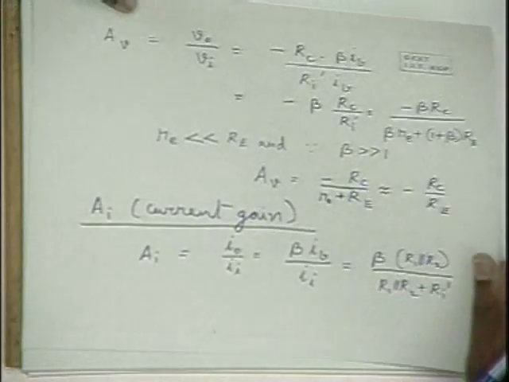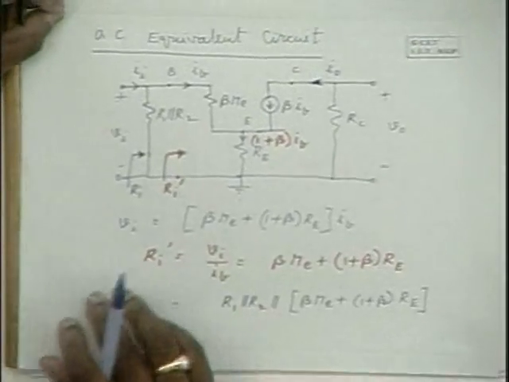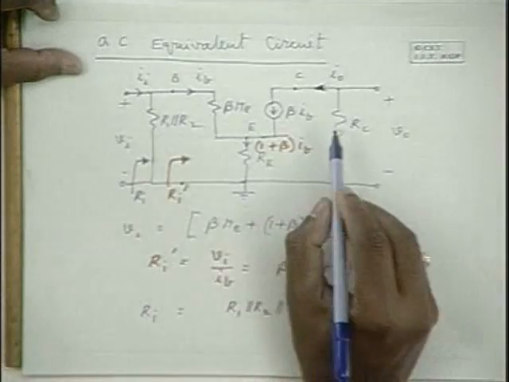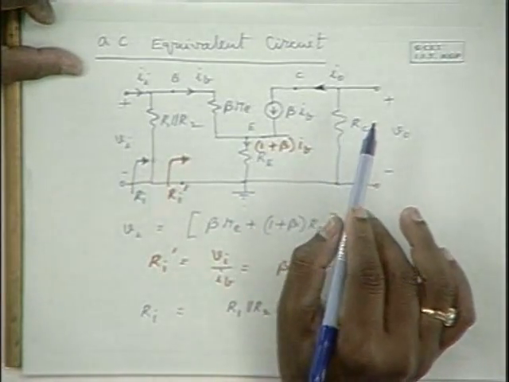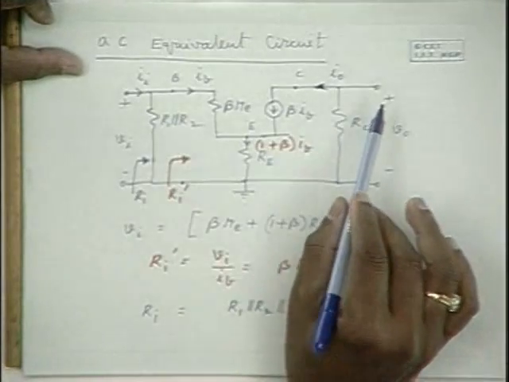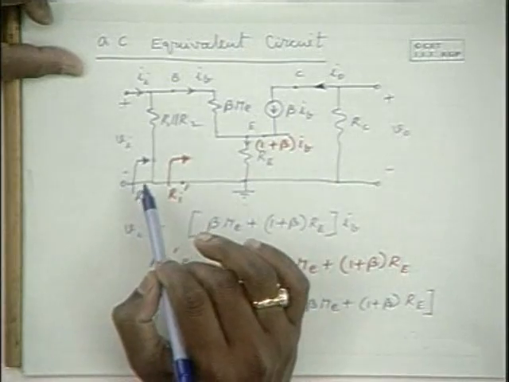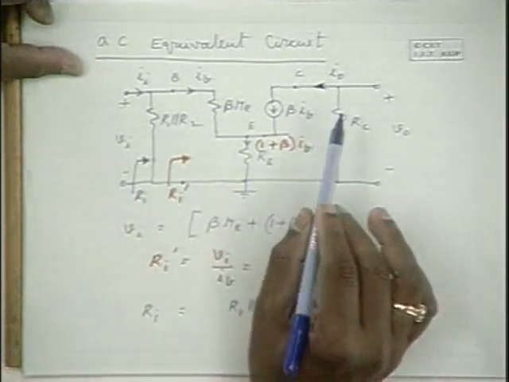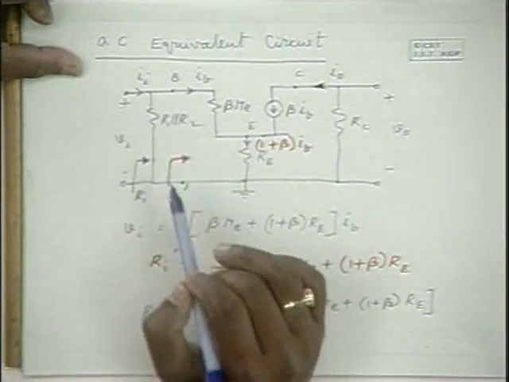Now I would like to give you the relationship between AV and AI. Please note that the voltage gain can be obtained by dividing the output voltage by the input voltage, and the current gain can be obtained by dividing the output current by the input current.